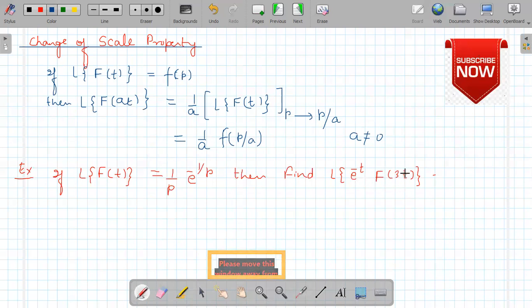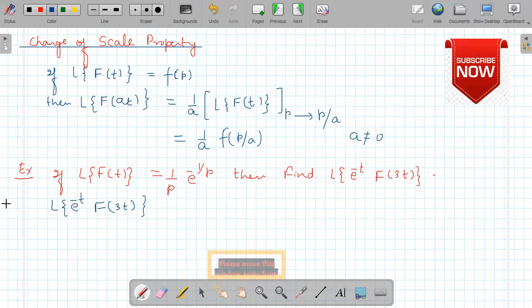And to find the Laplace transform of f of 3t, we have to use change of scale property. So there will be both properties used here. One is change of scale property and another is first shifting property.